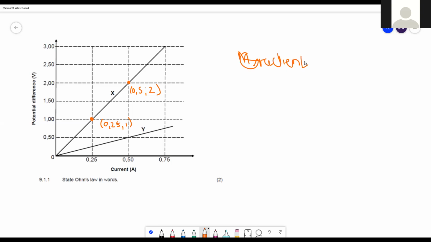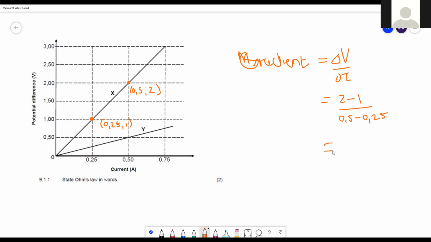And so M, or gradient, let's just rather write that. I promise my handwriting is better than that, by the way. It's delta V over delta I, which is equal to 2 minus 1 divided by 0,5 minus 0,25.